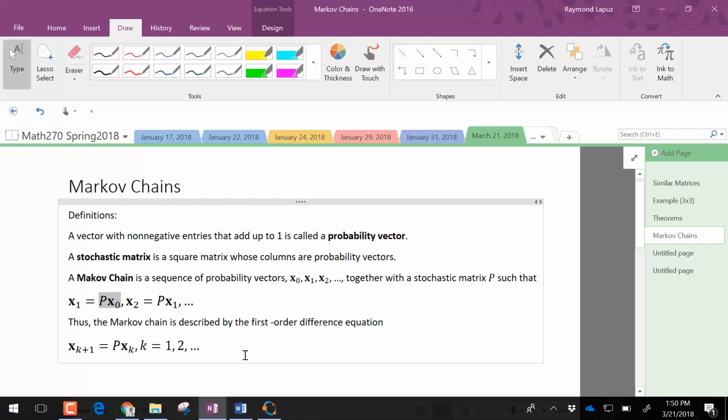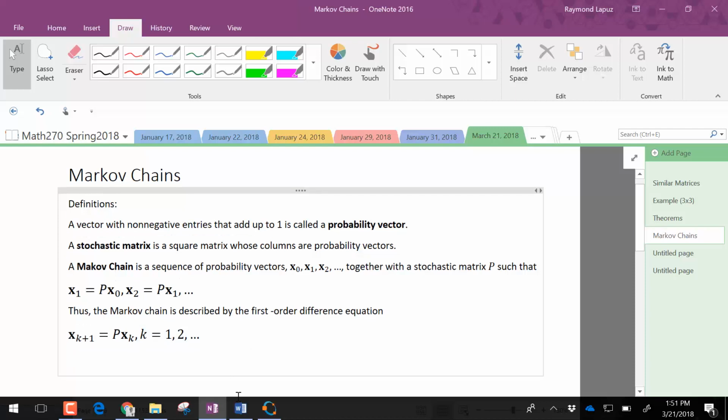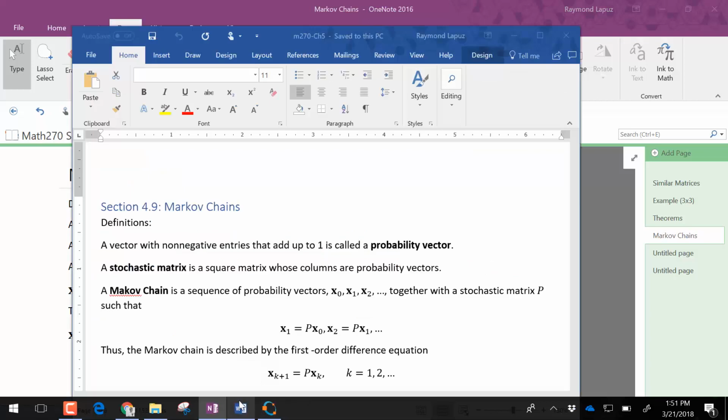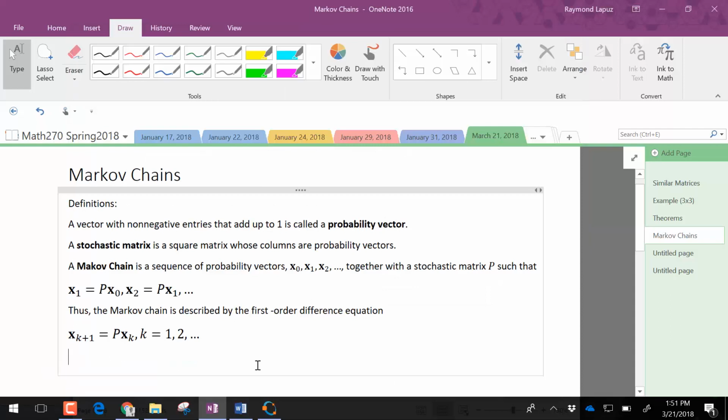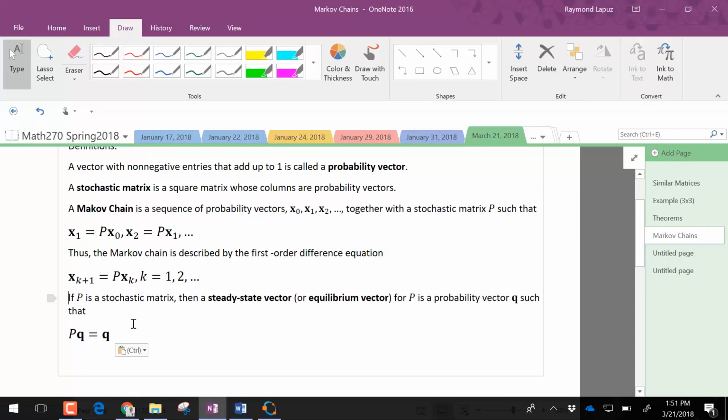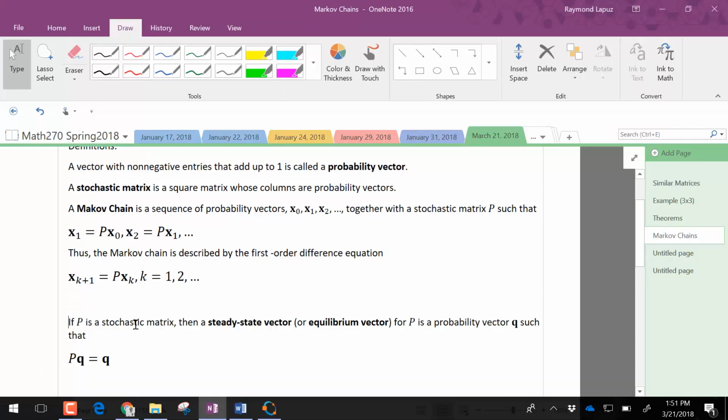Now, what's interesting about this with stochastic matrices is that sometimes, not all the time, but sometimes, you keep doing this application to the chain, and eventually the chain settles down to a set of numbers that's not going to change anymore.